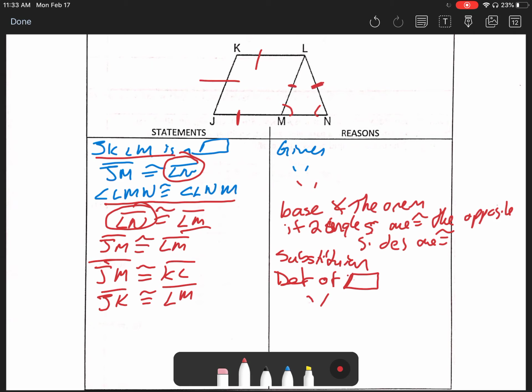So in here, I do have all four sides. You can stop there and say I've proven that all four sides are congruent to each other, definition of a rhombus. If you do want to write it out, I know that JM is congruent to LM. LM is congruent to JK. And JM is congruent to KL by substitution.